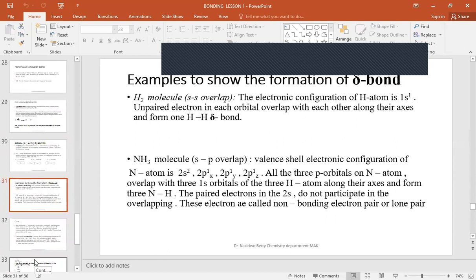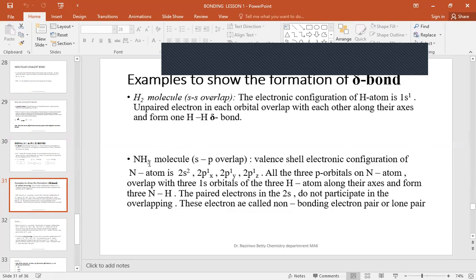Examples to show the formation of a sigma bond. We can look at an example of hydrogen. Hydrogen leads to the formation of an s-s overlap. The electron configuration of hydrogen is 1s. Each hydrogen has an unpaired electron in an orbital. So these unpaired electrons overlap with each other along their axis to form a hydrogen sigma bond.